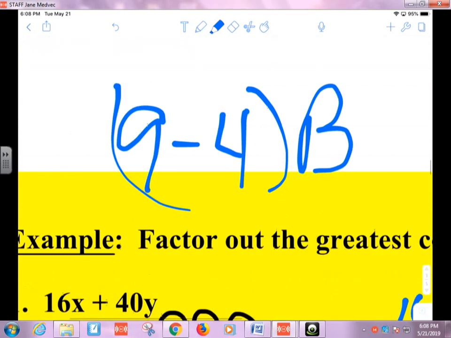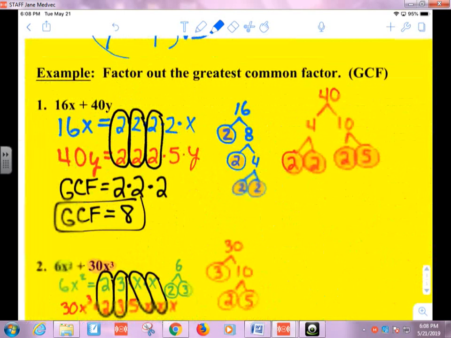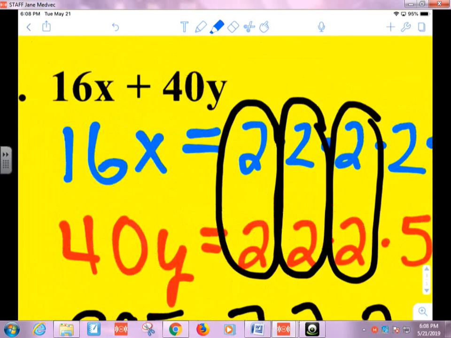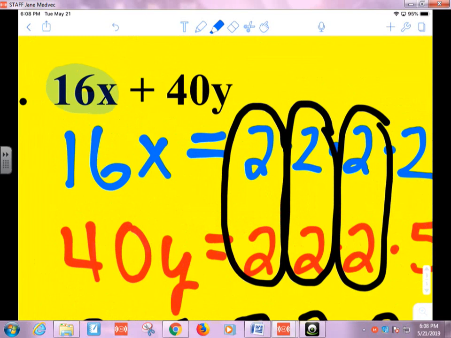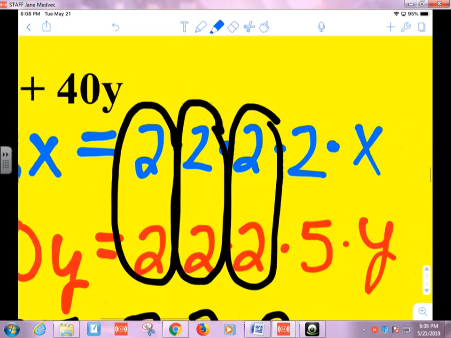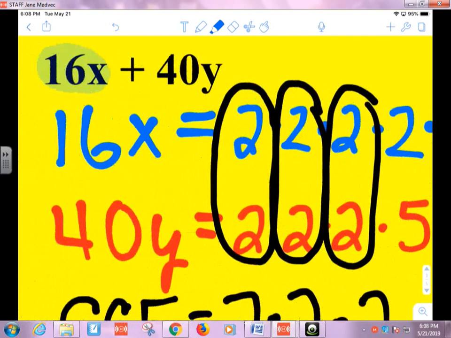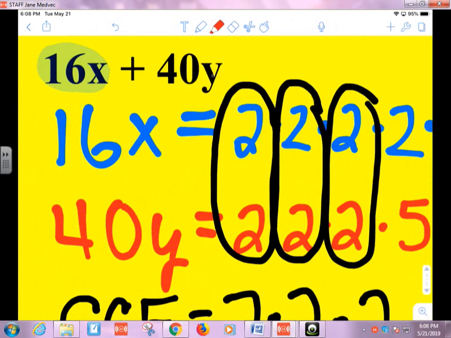Yesterday what we did was we found the greatest common factor. We took the two terms in the polynomial. So here was the first term. We did the factor tree and set out all the factors. Then we took the second term, which is 40y, and factored it out with the factor tree.